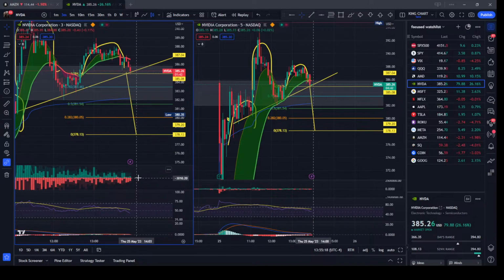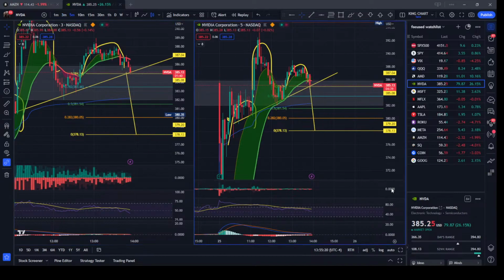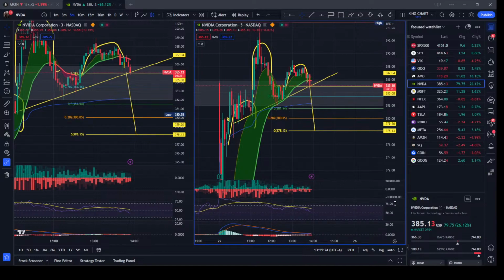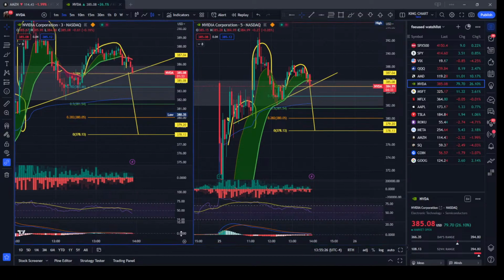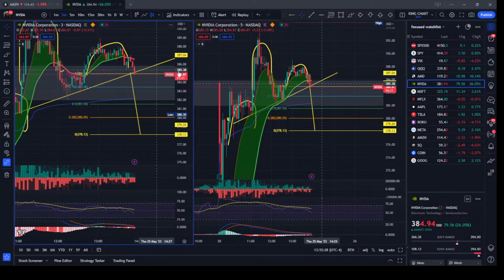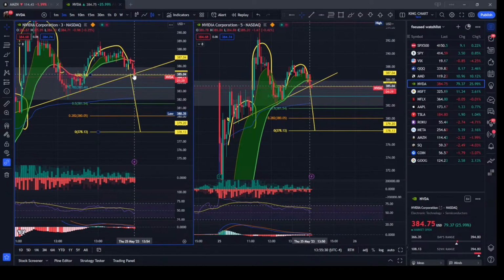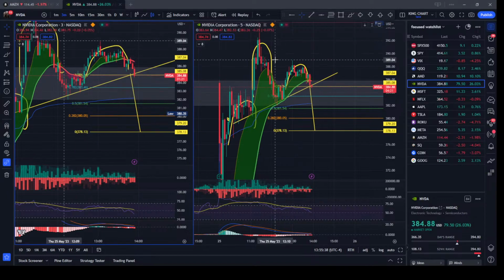There's literally no bulls here. We are breaking below. We have to wait for the 5-minute candle to close below this trend line. Yeah, this will most likely be my last trade here.